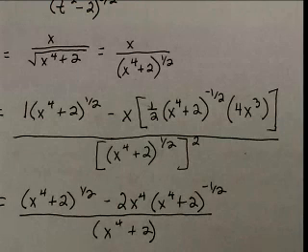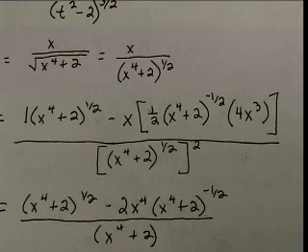The most illegal thing you could possibly do right now is highly illegal canceling. You cannot cancel terms or parts of terms. You can only cancel factors. So what do we have to do next?